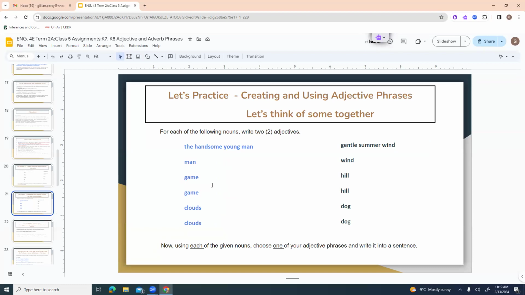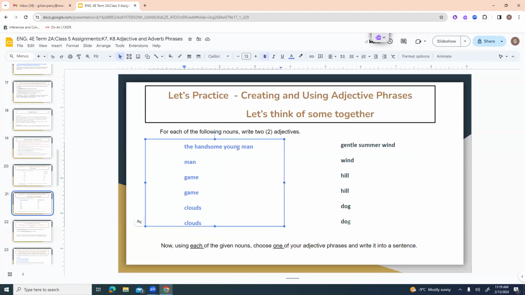Okay, so we're going to practice here. They don't mean 2 adjectives in front. So I could just use the handsome man, or I could say the young man. Game: it could be a frustrating game, or maybe it's an expensive game.